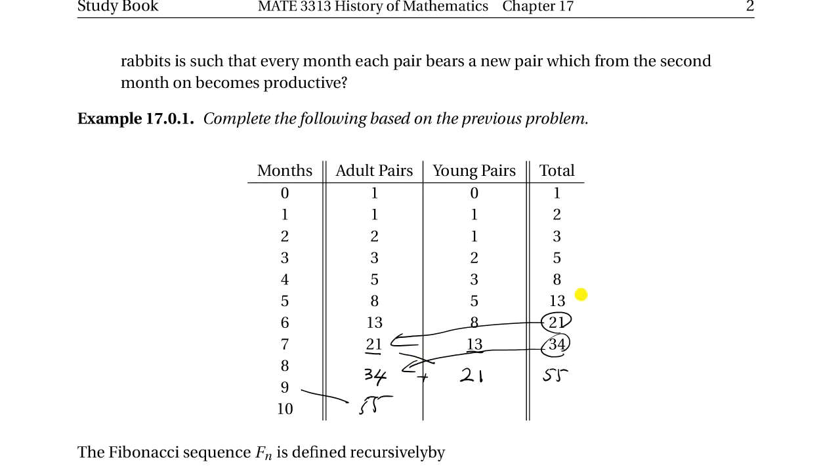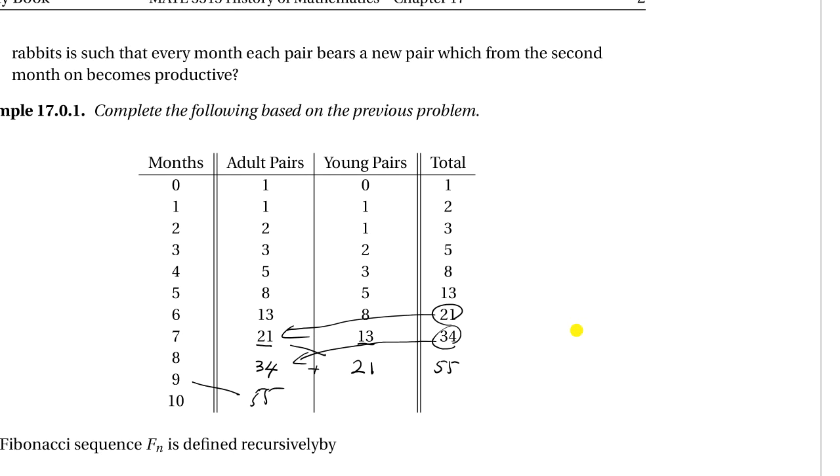So we can make some kind of formula out of this. Let's say this is F1, and if you're not matching the number of months and the index, then this column is better. So that is F1, the first month, and F2, the second month, and F3, F4, like that. Those numbers are the sum of the previous two consecutive terms. 1 plus 1 is 2, 1 plus 2 becomes 3, 2 plus 3 becomes 5, and 3 plus 5 becomes 8.